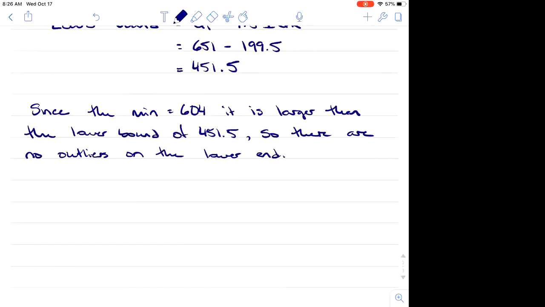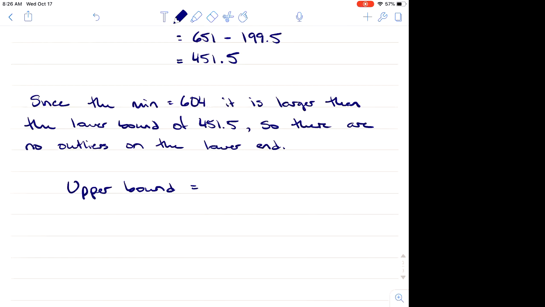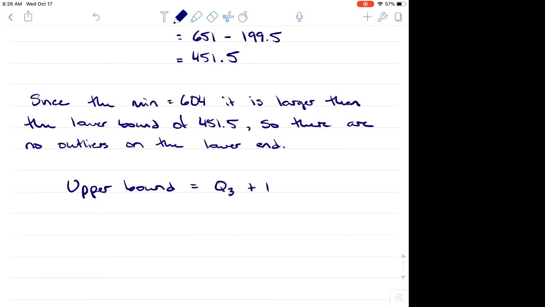Let's do the upper bound. Now we go from Q3 and we add 1.5 times the interquartile range. So Q3 plus 1.5 times the interquartile range.